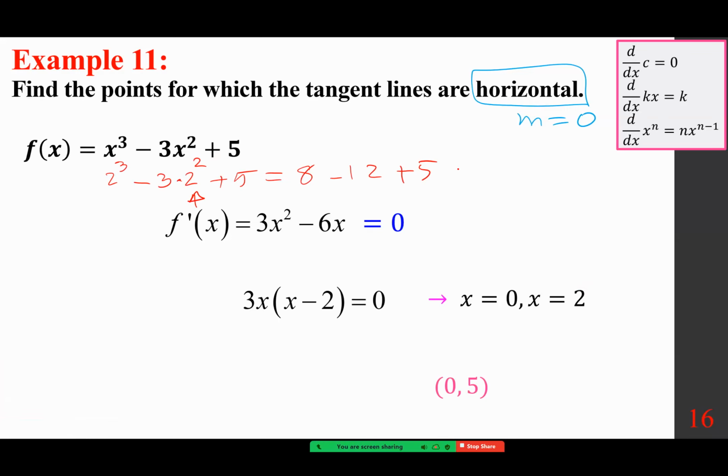And they add up to 1. Therefore, the second number x equals 2 results in the pair 2, 1. And that's the second pair. There are 2 points having tangent lines that are horizontal.